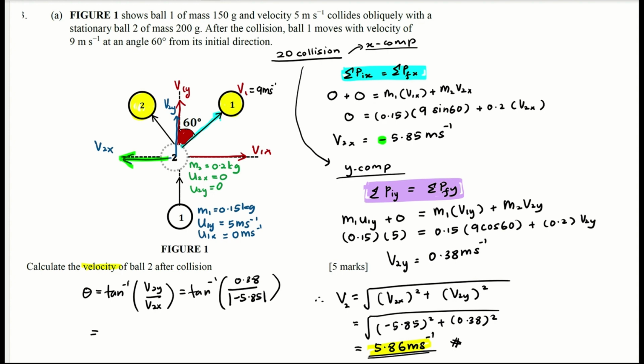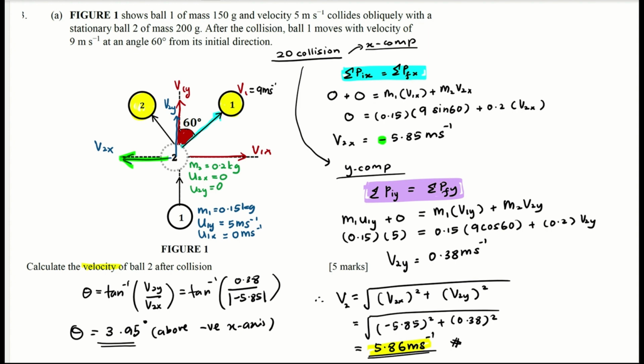So daripada sini angle-nya saya akan dapat 0.38 over 5.85, inverse tangent. So saya akan dapat 3.95. Betul tak? 3.95 degree. Okay, so 3.95 above negative x-axis.